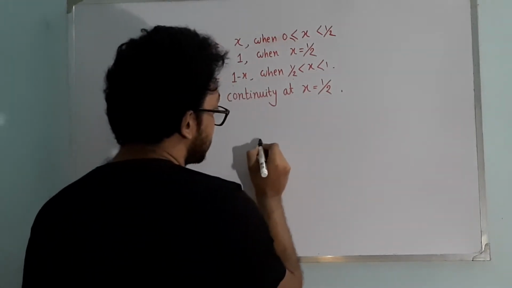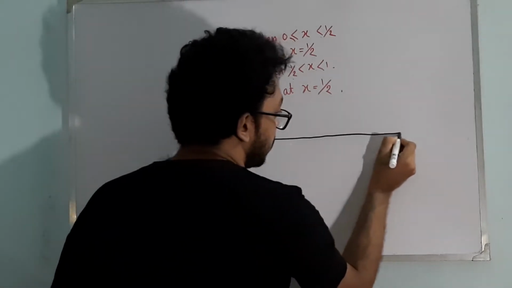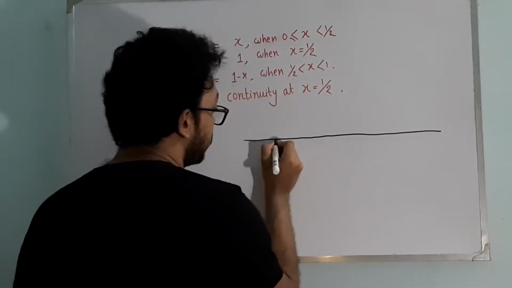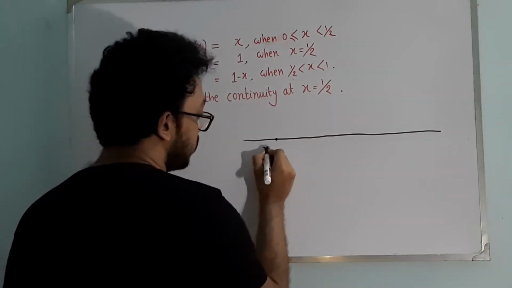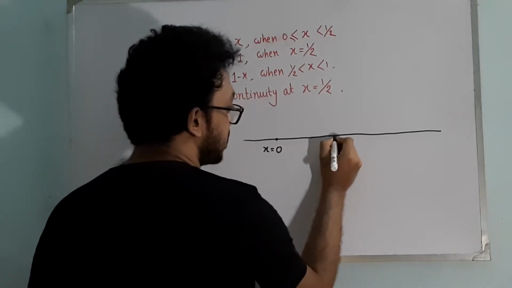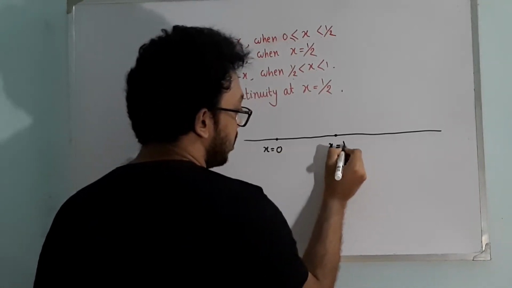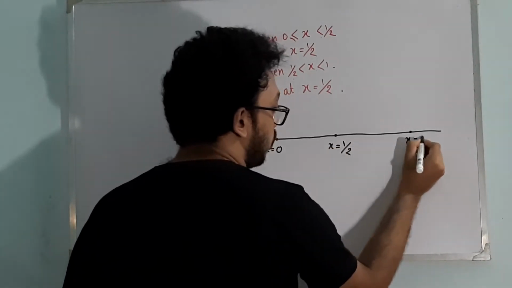Suppose we have a x-axis. Suppose this point on the x-axis corresponds to x equal to 0. Suppose this point corresponds to x equal to half, and this point corresponds to x is equal to 1.